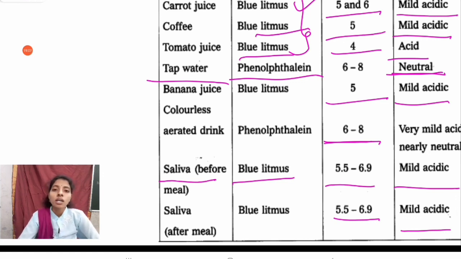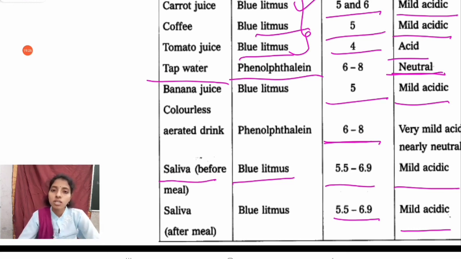Right? So these are some of the solutions. We are using the pH paper to indicate the pH value of the solution, right? pH indicates the concentration of H3O+ ions or OH- ions in the given solution.